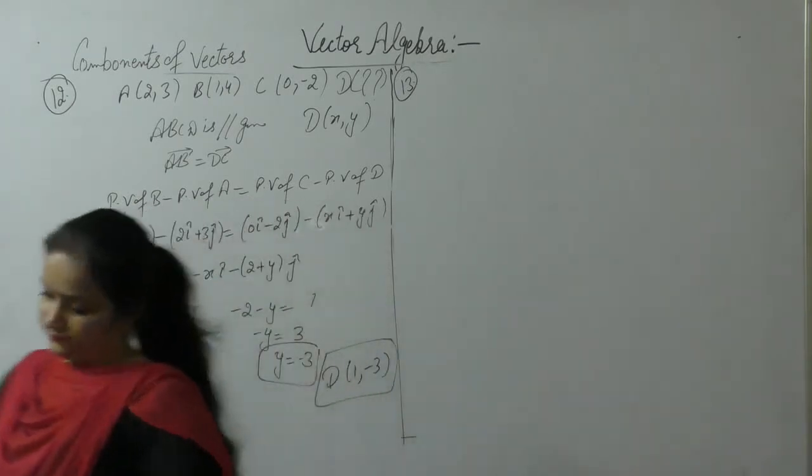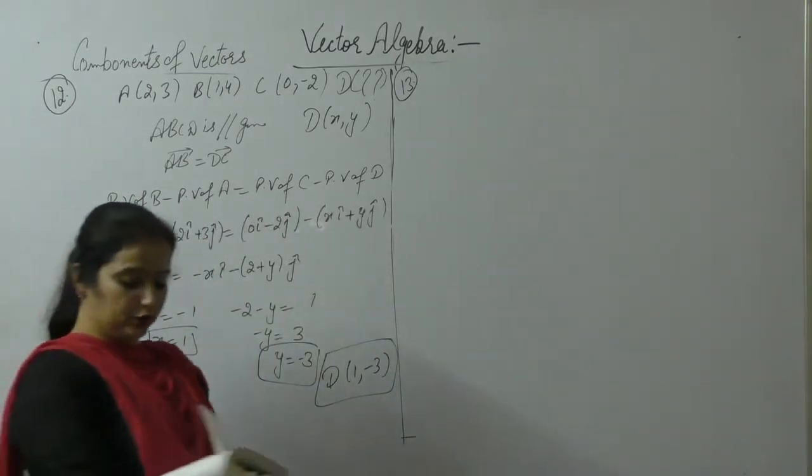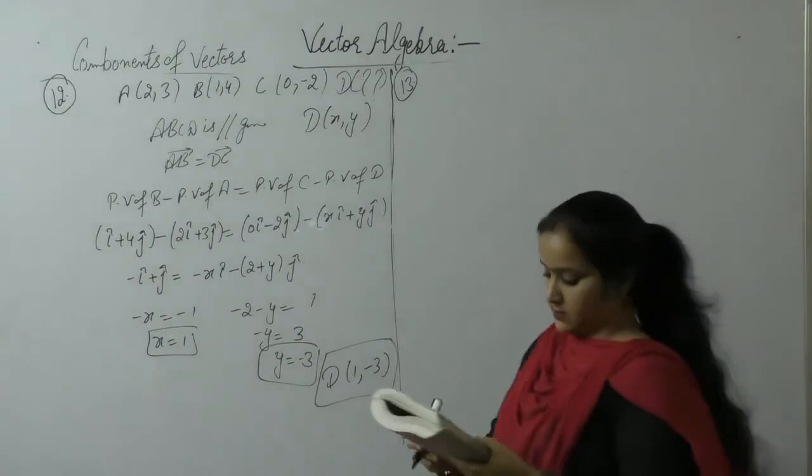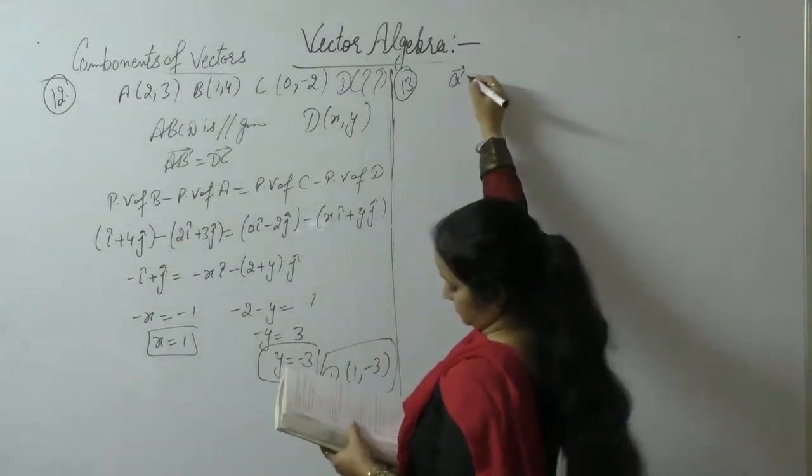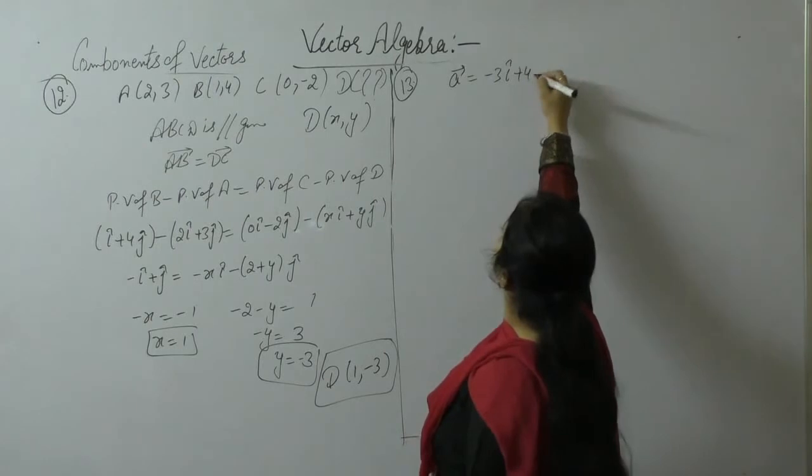Now next one. Find a unit vector parallel to the vector minus 3i plus 4j cap.